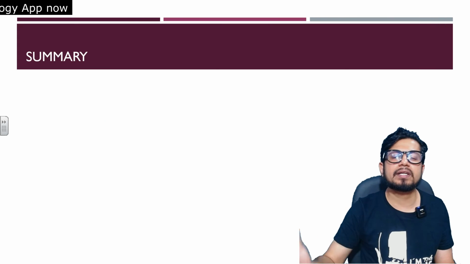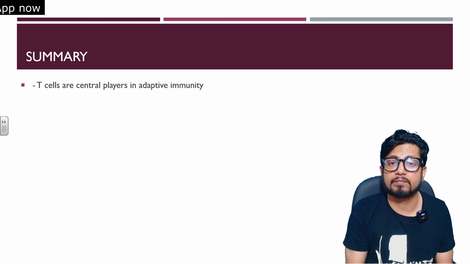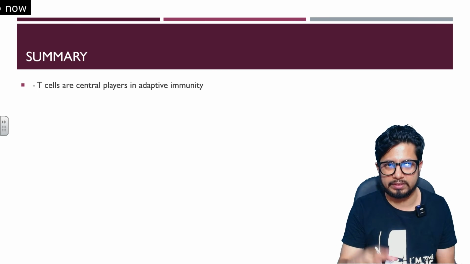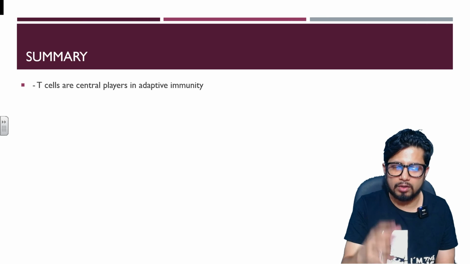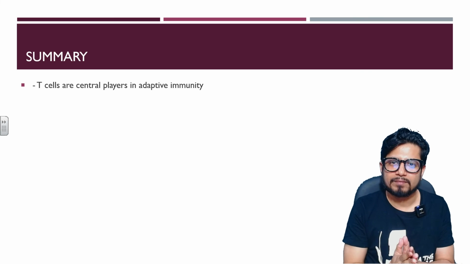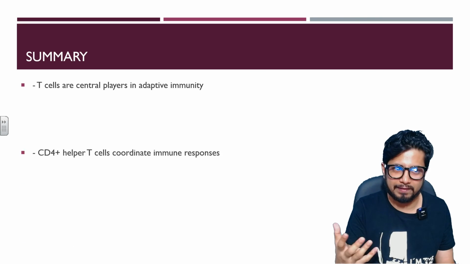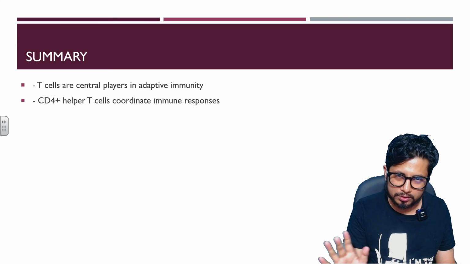So the summary that we learned about the T cells is that T cells are central players in the adaptive immunity, because T cells can crosstalk with the macrophage, T cells can crosstalk with the B cell, and T cells can also directly crosstalk with an infected cell to kill it, or with a tumorigenic cell to kill it. CD4 helper T cells coordinate the immune response process.